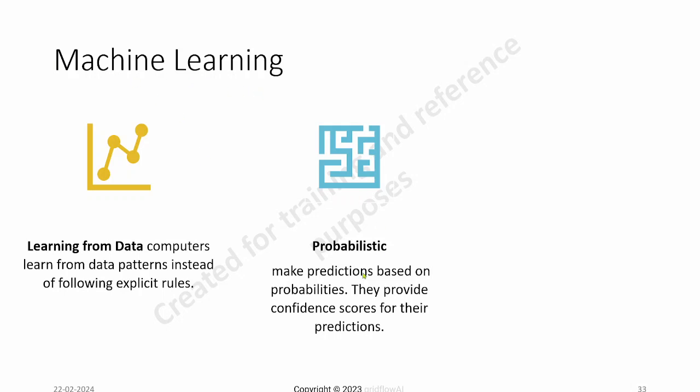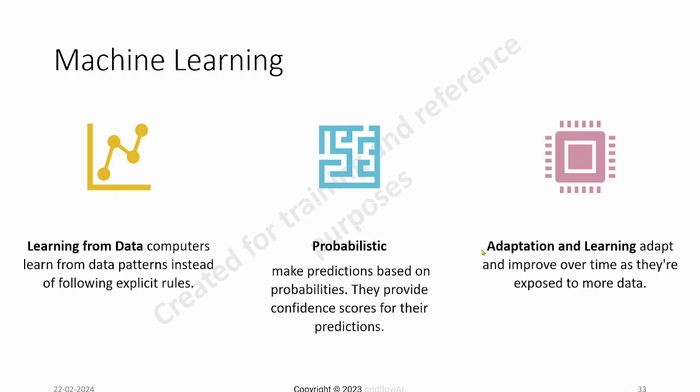Most of the machine learning models are actually probabilistic. That means not deterministic. It will provide you the best information based on the input that we provide. Adaptation and learning are the key characteristics of machine learning models.